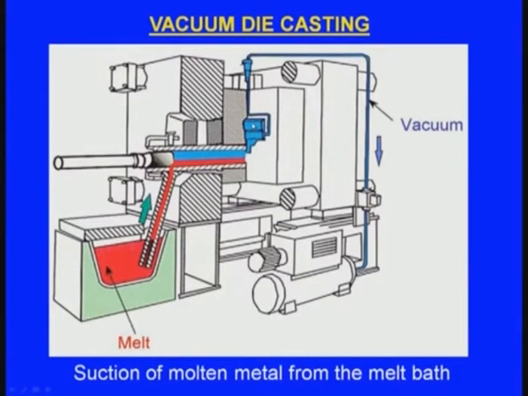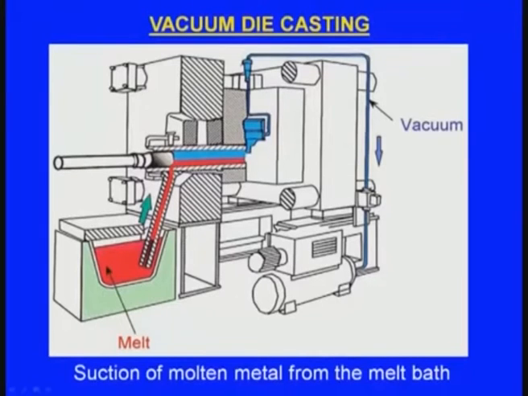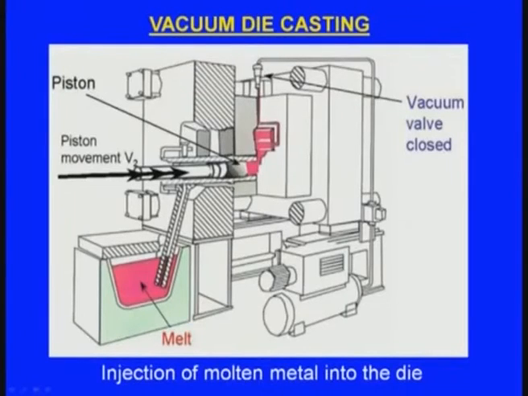We are not applying external pressure while the molten metal is entering into the cavity. Once the molten metal enters into the cavity, then we apply the external pressure. Here we can see there is a plunger, so this plunger will be moving. This is the suction of the molten metal from the metal bath due to the application of the vacuum. Then what will happen? Injection of molten metal into the die.